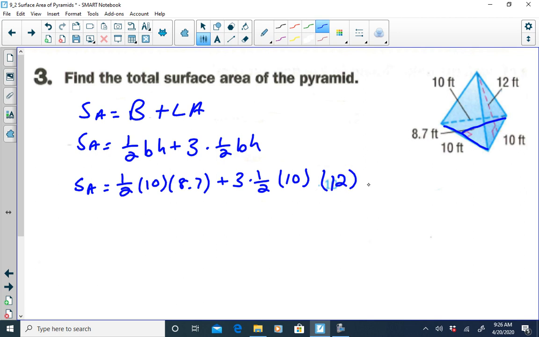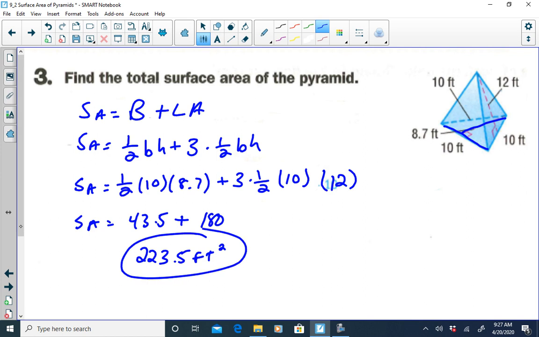So the surface area is going to be equal to, let's see, 1/2 times 10 times 8.7. We know that that's 43.5 plus 3 times 1/2 times 10 times 12. That's 180. So that's going to give us 223.5 square feet for our surface area.